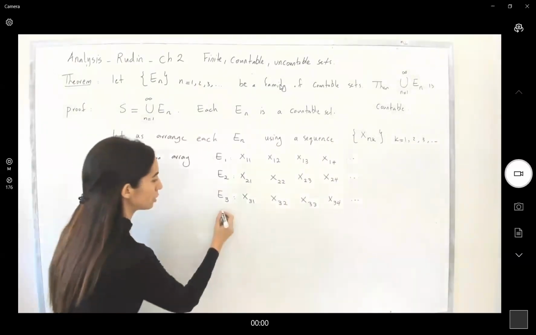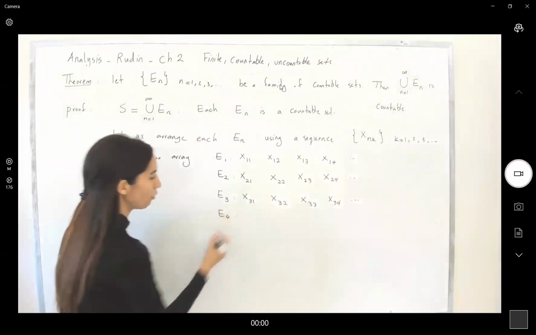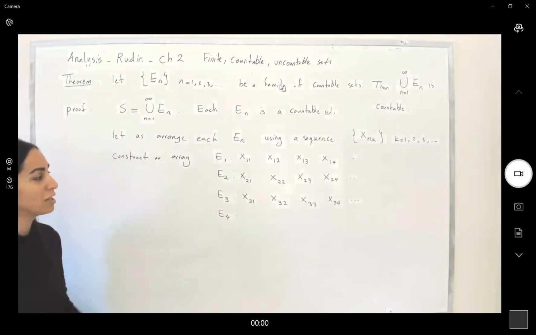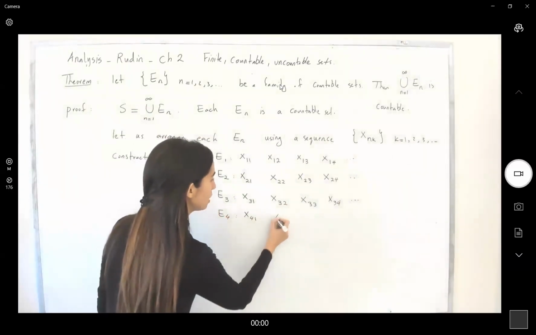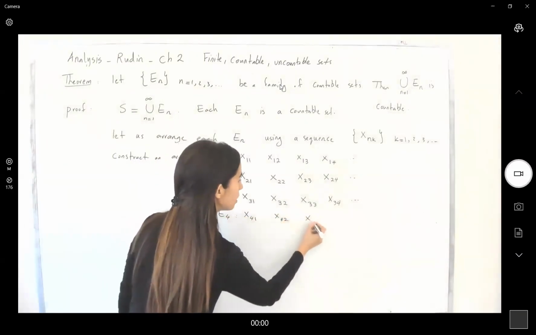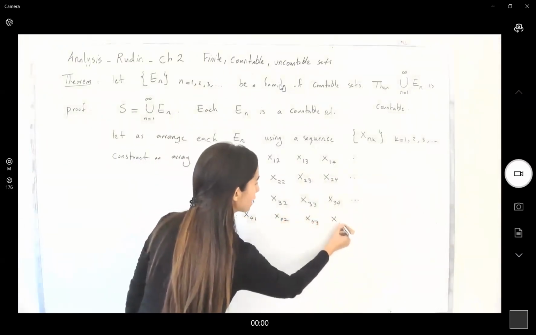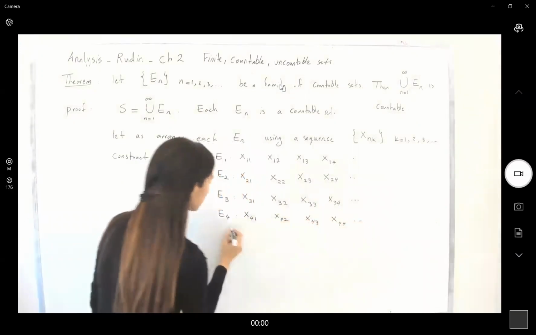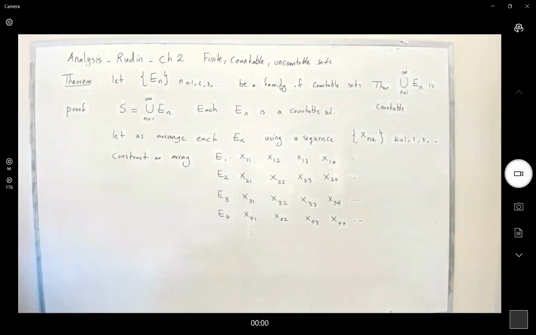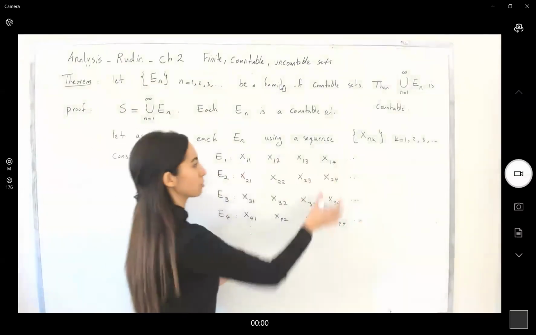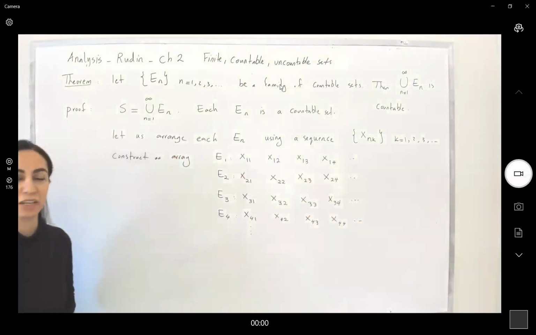And suppose we continue this process. E sub 4 constructs the fourth row: x sub 4,1, x sub 4,2, x sub 4,3, x sub 4,4, and the rest of the numbers. So as you can see, we're constructing something similar to a matrix. We have an array.